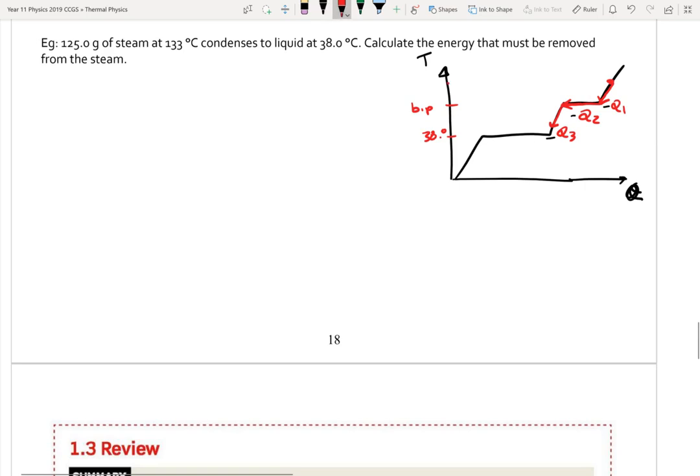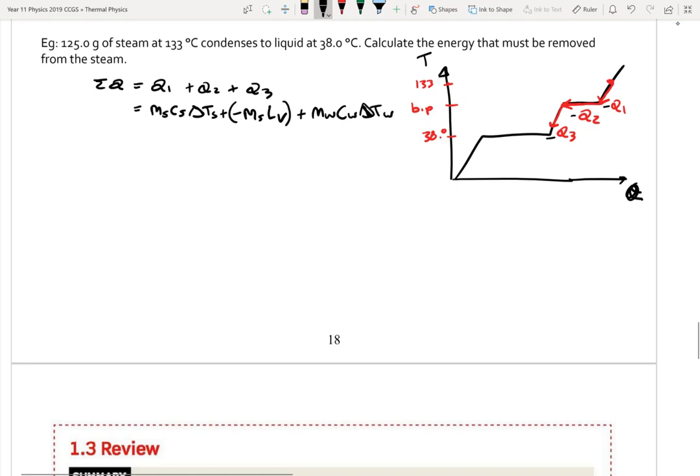Okay, so where were we? We were at 133. The sum of the heats is Q1 plus Q2 plus Q3. We will write m steam, c steam, delta T steam, plus m steam L_V. Now we need to remove that, so we put it in brackets with a minus, plus m water, c water, delta T water.